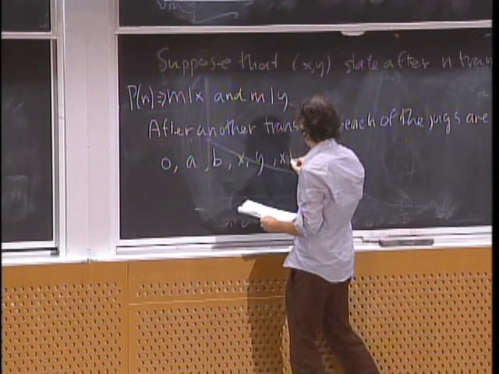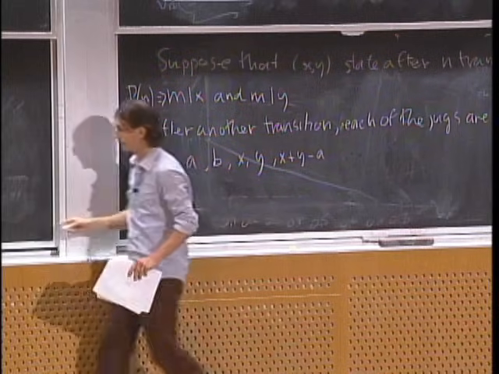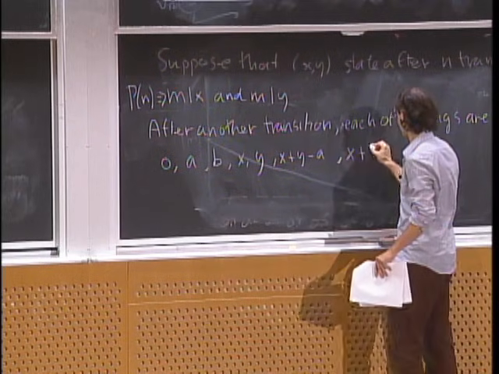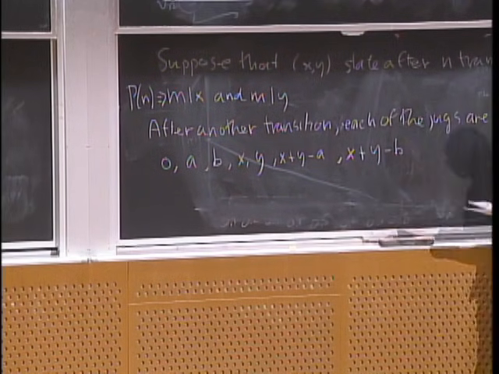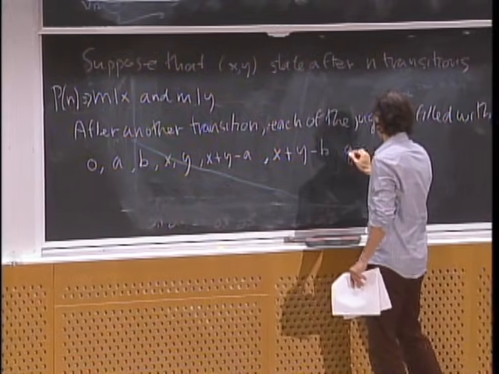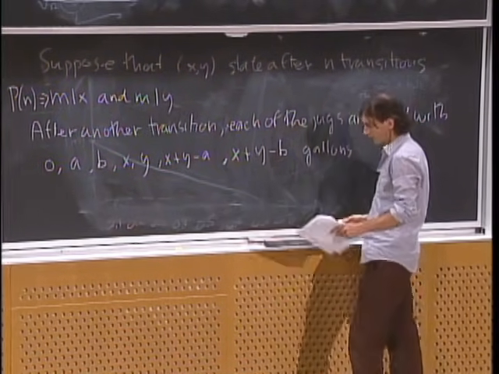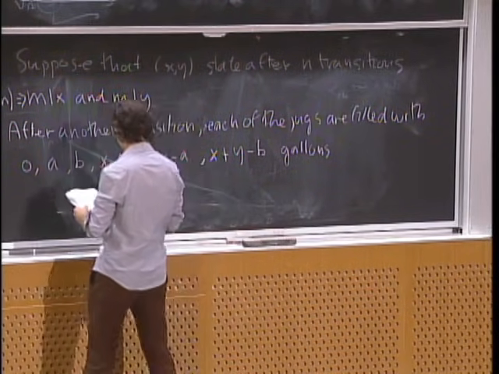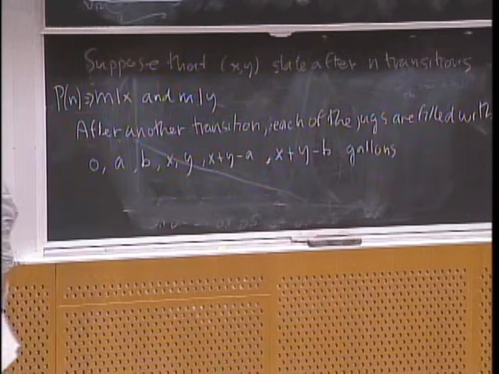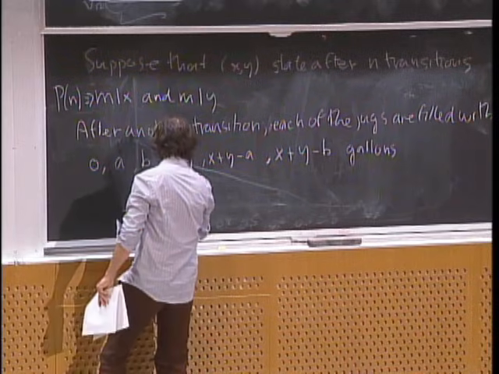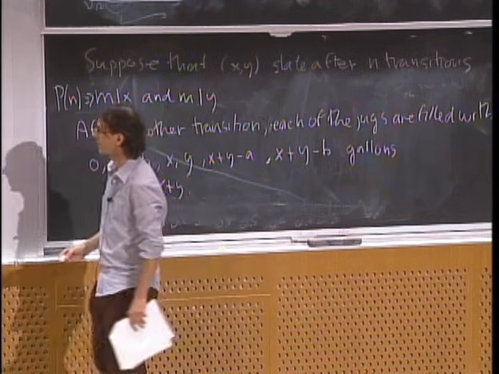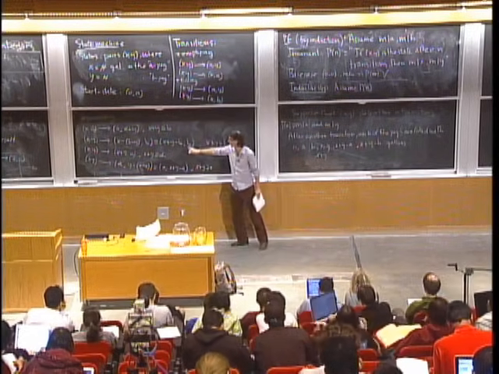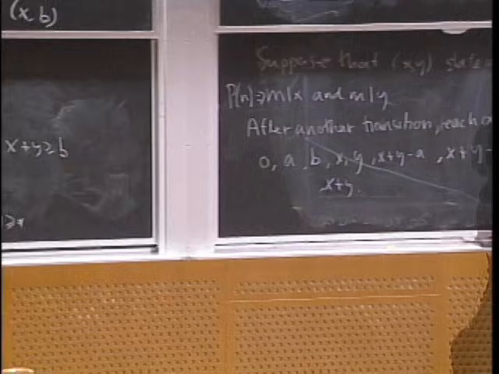We can have X plus Y minus A, and X plus Y minus B. The X plus Y is also present. Actually, it's good to check that again. So we have 0, X, Y, A, B, X plus Y, X plus Y minus A, and X plus Y minus B.